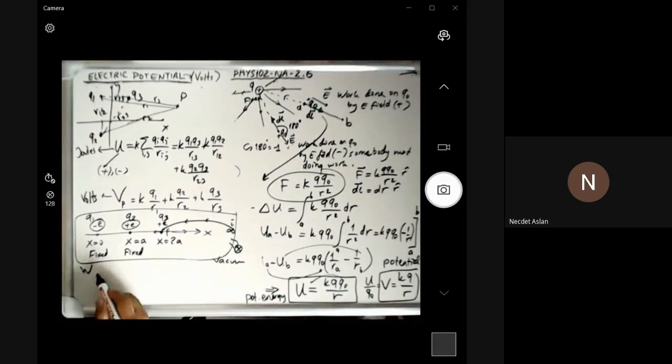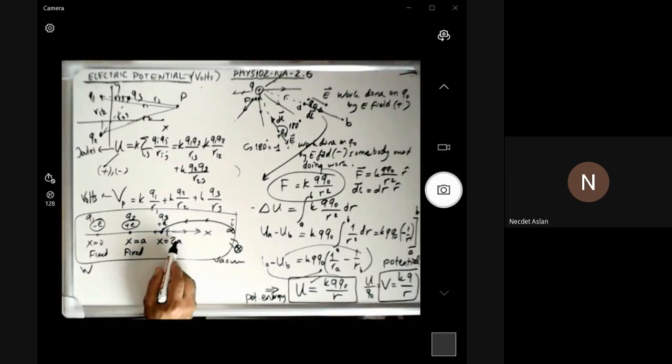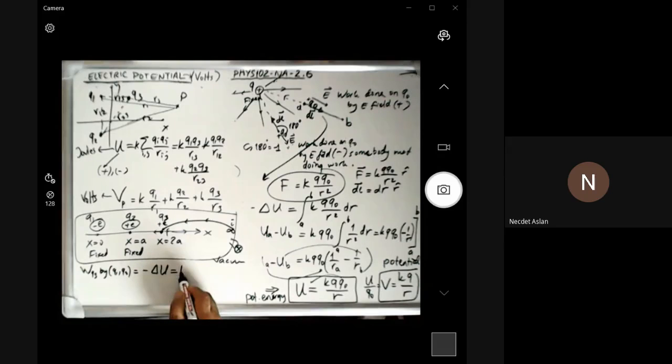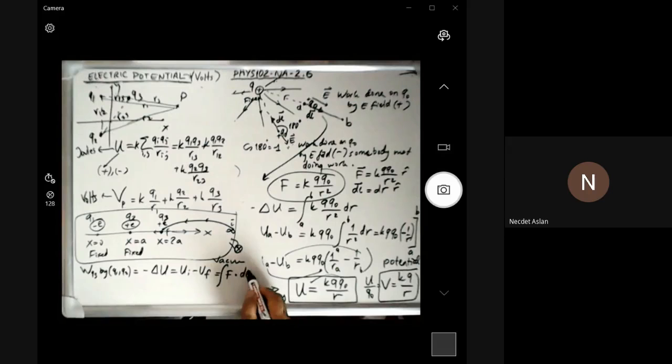So what is the work done by the electric field created by these two charges on this Q3? W on Q3 by Q1 and Q2. What is that? It's equal to minus delta U, which is U initial minus U final, which is equal to the integral of F dot dl.